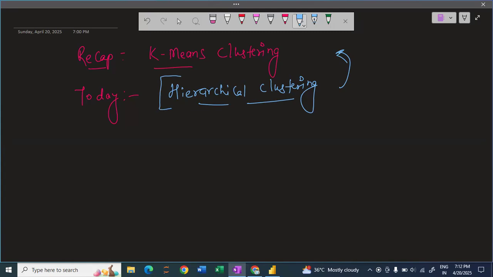From its name, we understand this is a hierarchy-based algorithm. Hierarchy means from top to bottom, or bottom to top. We have two specific methods in terms of hierarchy. As I told you, we have some drawbacks, so let's discuss the drawbacks.